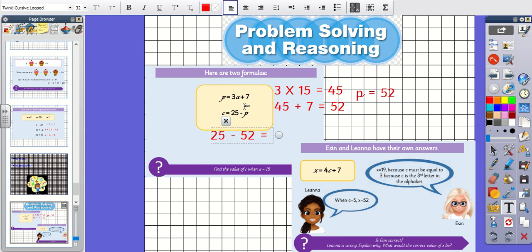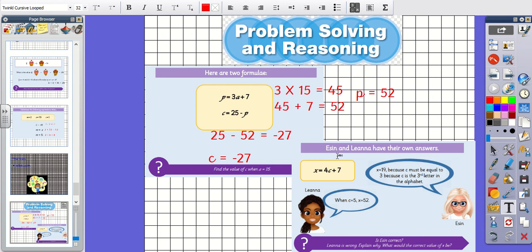So that would give us a negative number and that would be minus 27. Okay. So C equals minus 27. And we have used our knowledge from finding out what P is because we've done 25 take away 52 because P equals 52 and that gave us the missing answer for C.